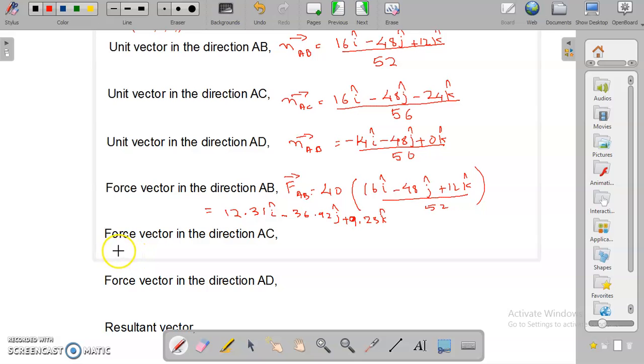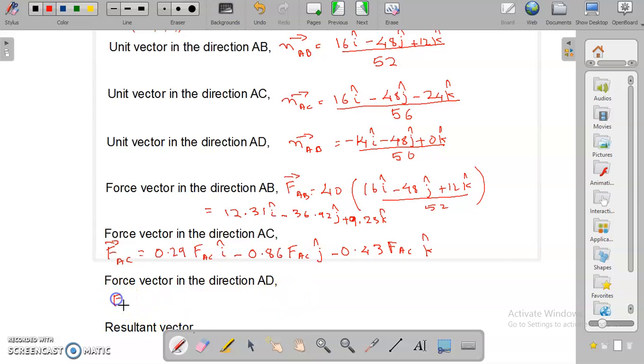Similarly, for vector F_AC, you will get the final answer as 0.29 F_AC into i, because F_AC is unknown, minus 0.86 F_AC into j minus 0.43 F_AC into k.